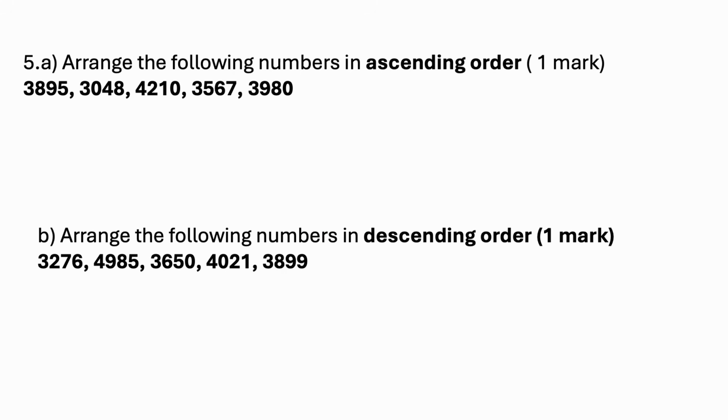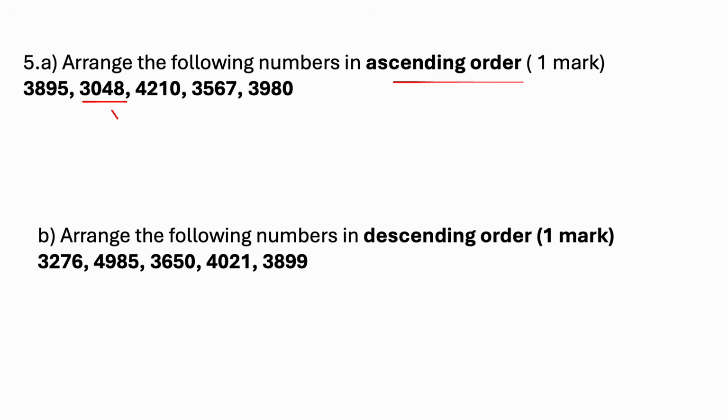Arrange the following numbers in ascending order. 1 mark question. Ascending order means in the increasing order from the smallest to greatest. So here numbers are 3895, 3048, 4210, 3567, 3980. So here, which is the smallest number? 3048.